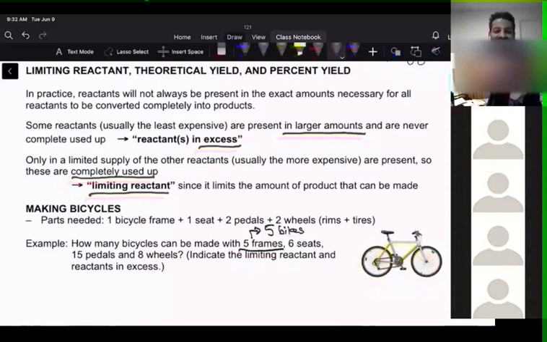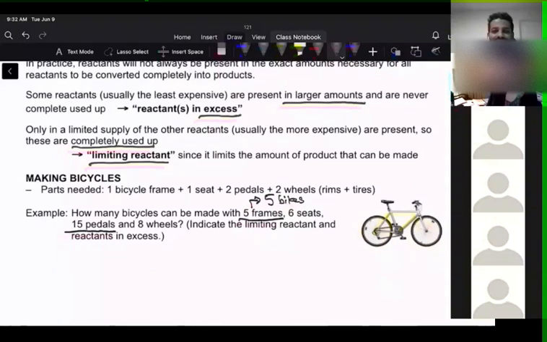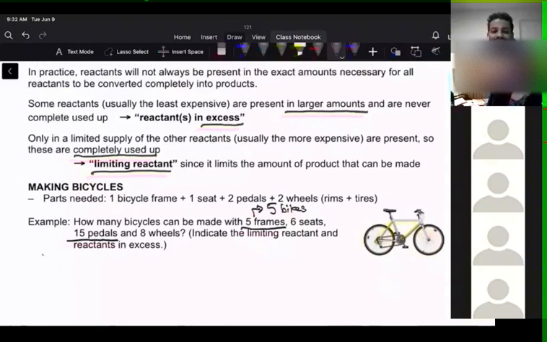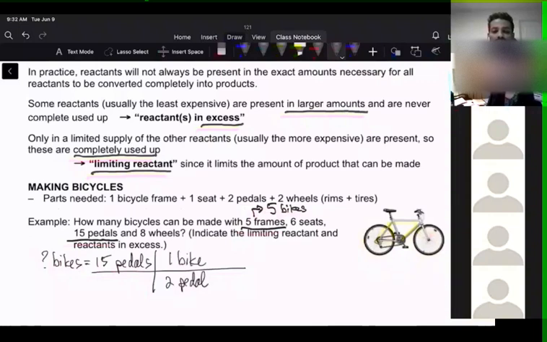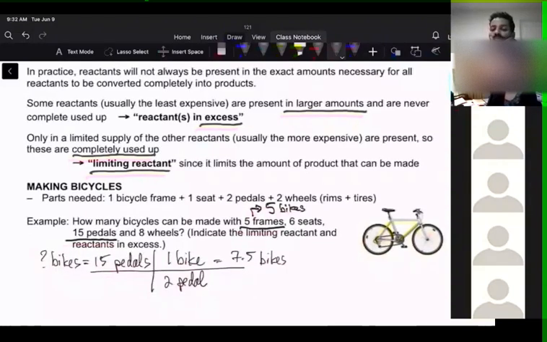All right, now for 15 pedals, I'm going to write this out like a calculation because this is how we're going to do these problems. How many bikes can I make if I start with 15 pedals? Well, one bike needs to have 2 pedals, right? They're not going to sell a bike with 1 pedal. So here we get 7.5 bikes, but you're not going to sell a half a bike either.